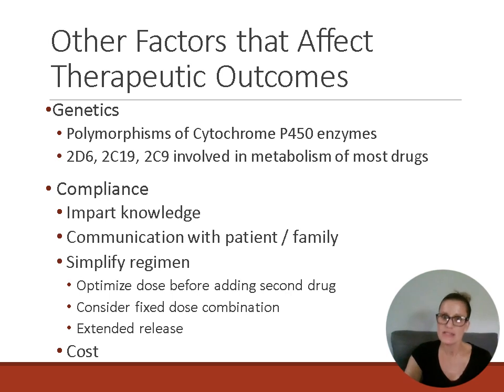There are differences in how effective the CYP enzymes are in different patients. So different patients might metabolize drugs really quickly or not at all, based on what CYP enzymes they have.